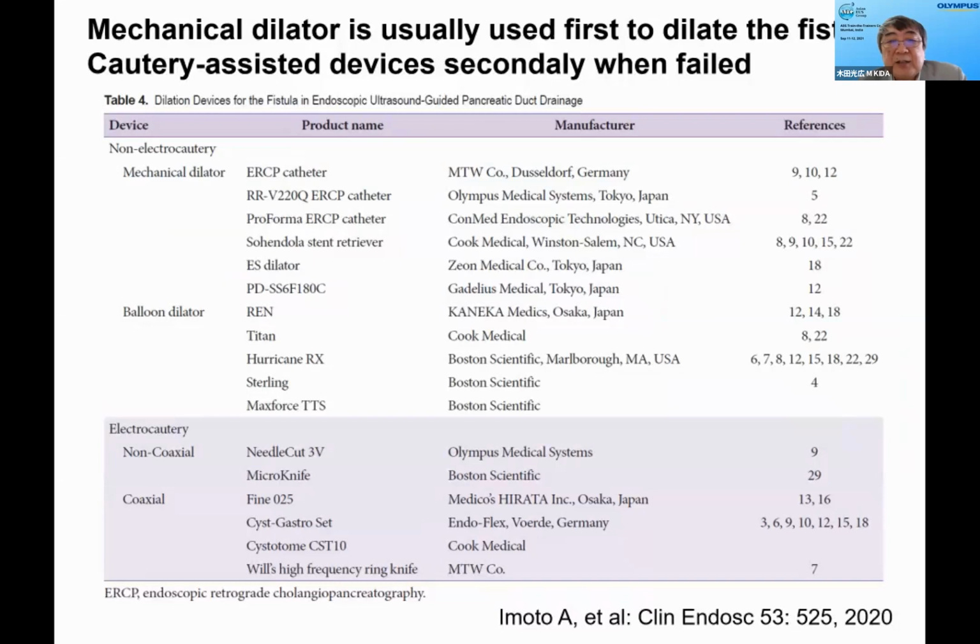Generally, a mechanical dilator is used first, and the electrocautery device is used secondarily when the mechanical dilator fails. This is from the literature. There's the Soehendra dilator, ES dilator, REN balloon, and sometimes the non-coaxial needle knife, and also the Fine 025 cystogastrotome set, and so on.